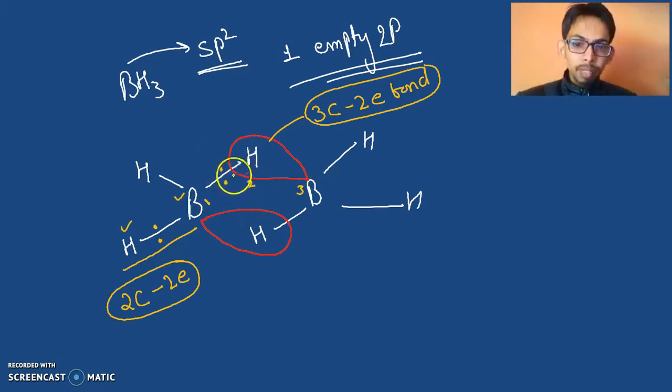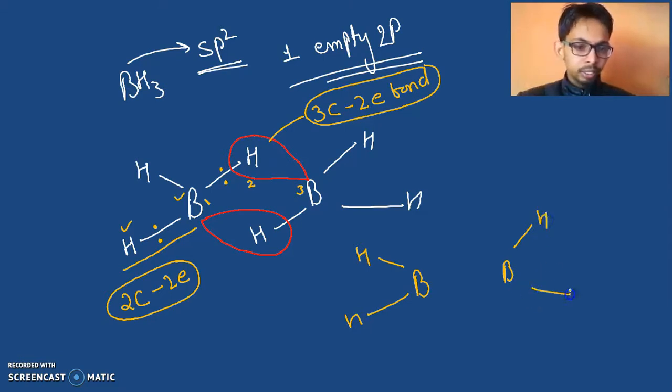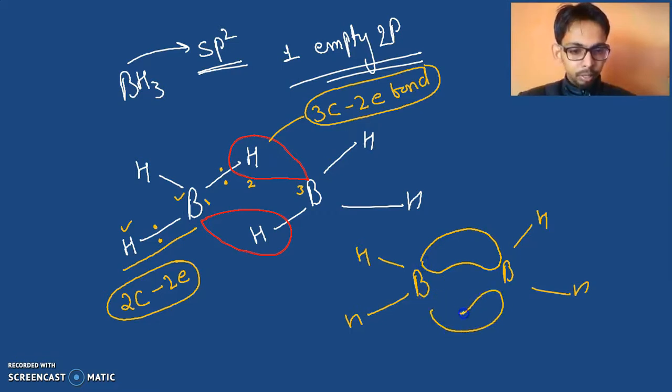So this is not a normal bond, it is a 3-centered 2-electron bond, and it is simply sometimes denoted like this: a bridge bond or a banana bond, with the hydrogen trapped inside.